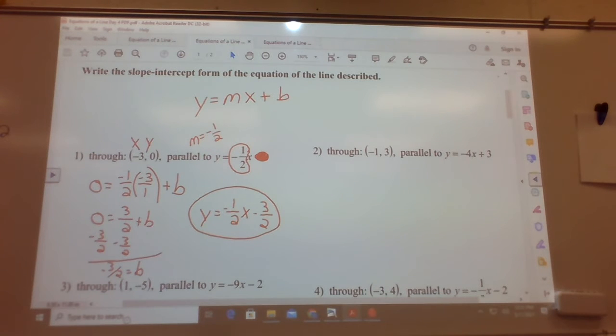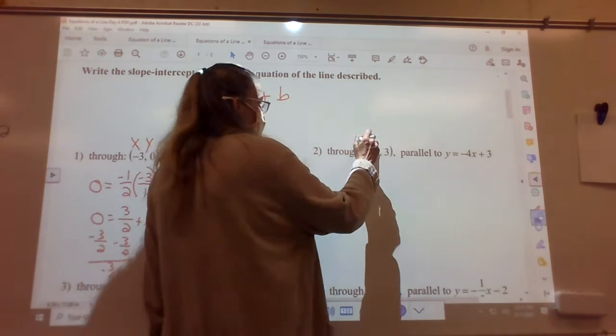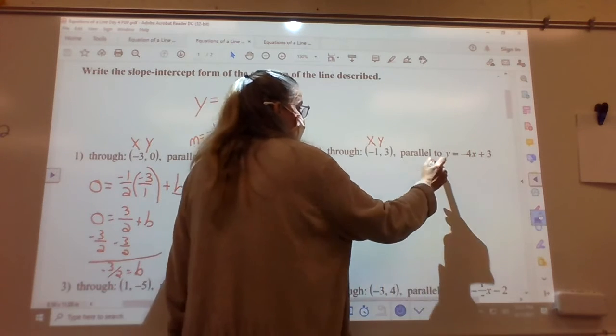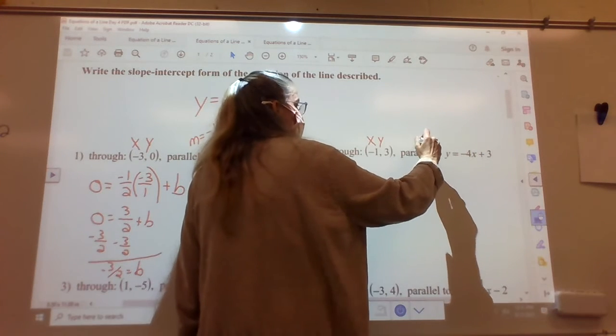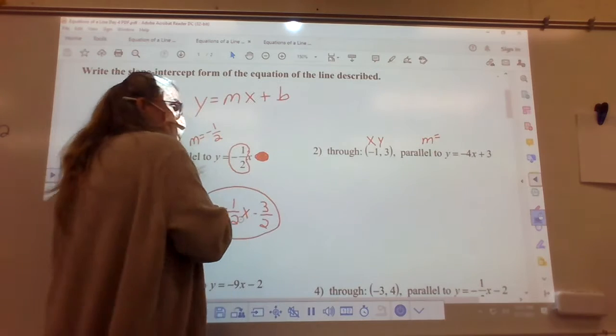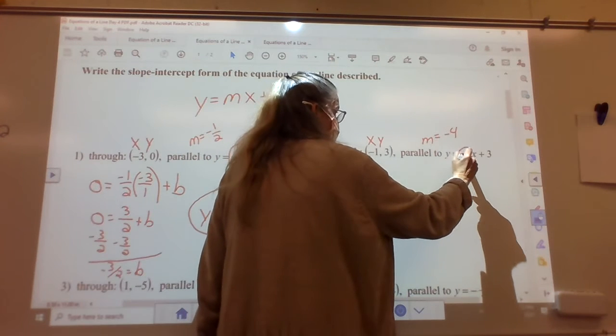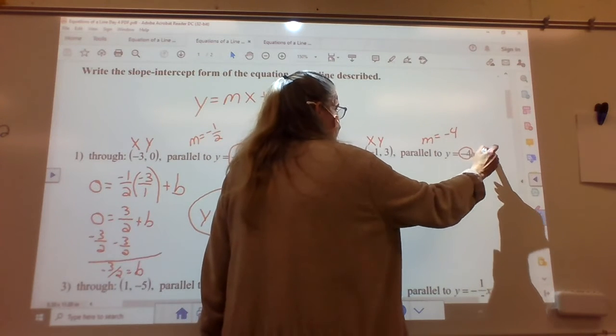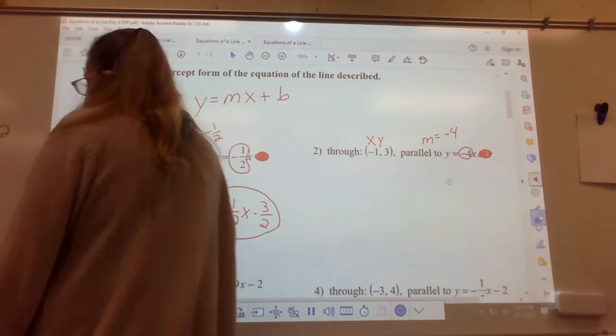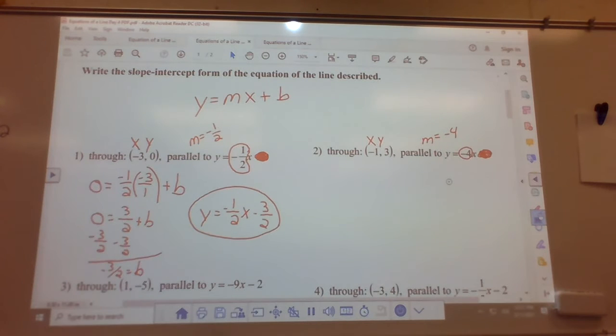So number 2. I have an x, I have a y. I have an equation. What is my slope in this equation? -4. So that's what I want to use. Use your -4. Like I said, this plus 3 at the end, I don't even care about it. Doesn't matter. It's just kind of hanging out there. Now it's the exact same thing from yesterday.